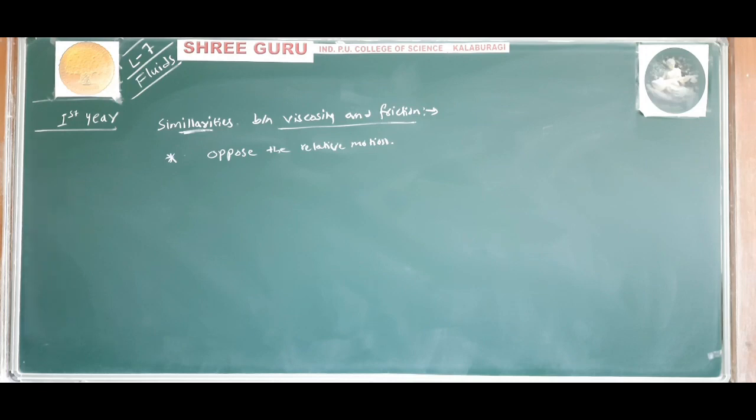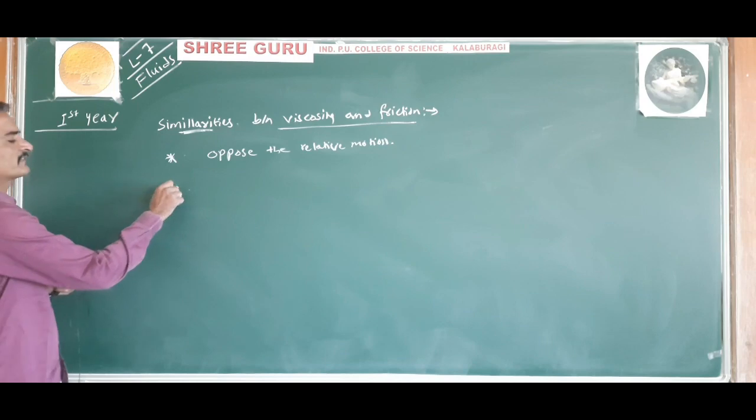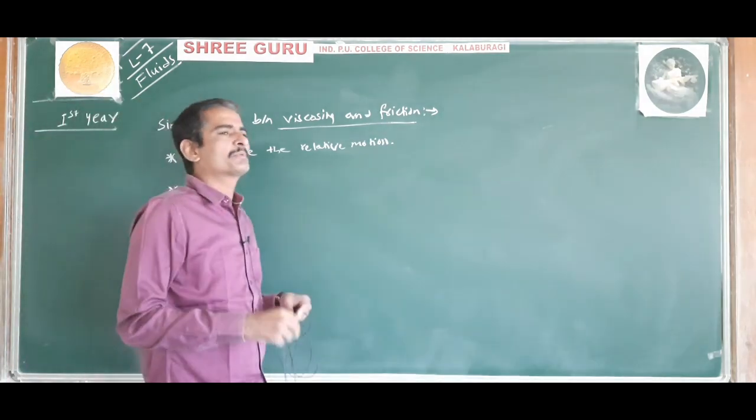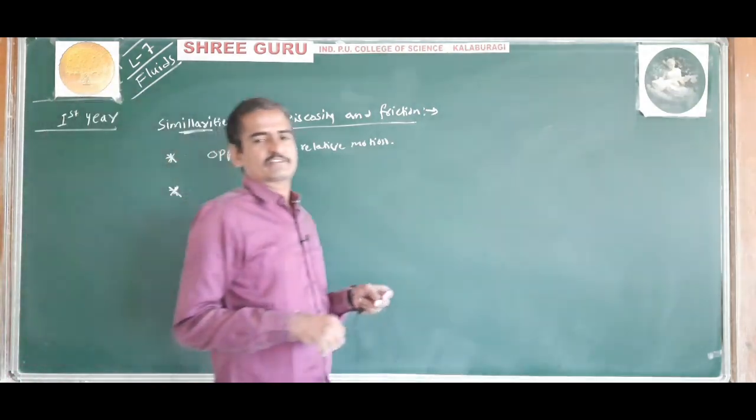Understood? So both viscosity and solid friction oppose the relative velocity. Next one: both viscosity and friction come into play only when there is a relative motion between the layers.